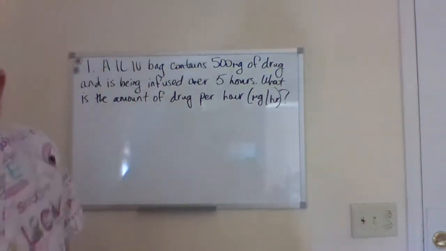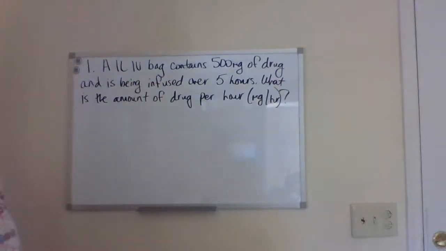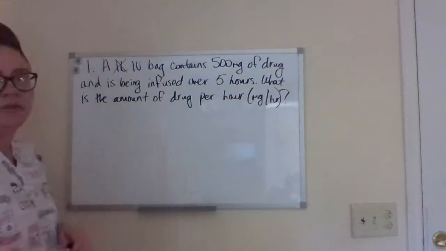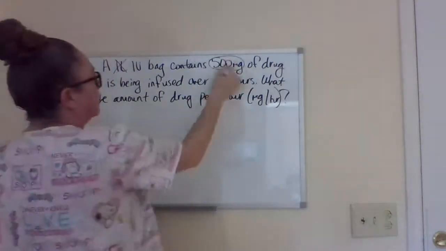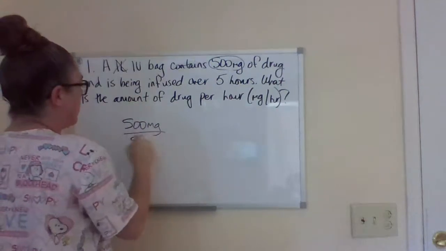Okay, so your first problem. A 1 liter IV bag contains 500 milligrams of drug and it is being infused over 5 hours. What is the amount of drug per hour? So again, the size of the bag is irrelevant information. What we're looking for here is the drug. So 500 milligrams divided by our 5 hours.